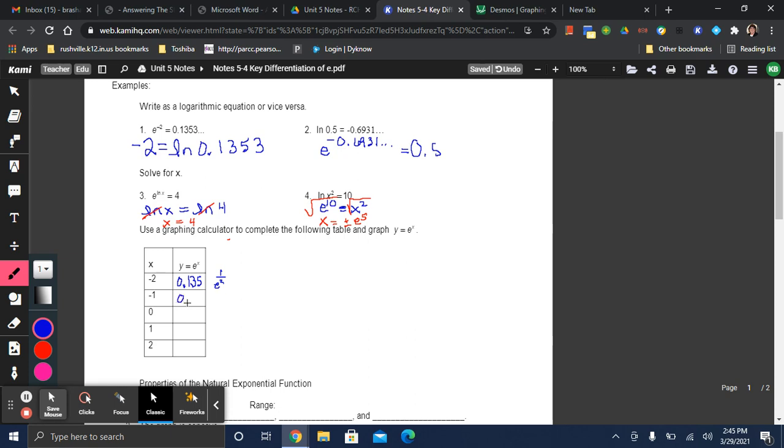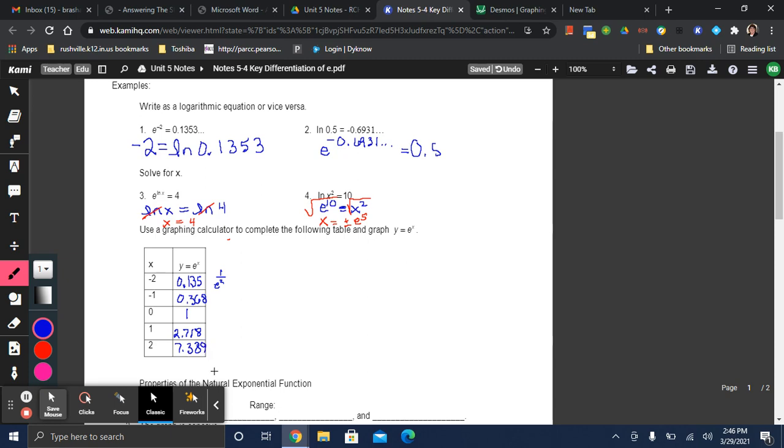So notice that these y values are never going to get into the negatives. E to the 0 is 1. E to the first is just e, and so 2.718, and it goes on. And then e to the second, and when we talk about exponential growth, you can really see it with a base of e.